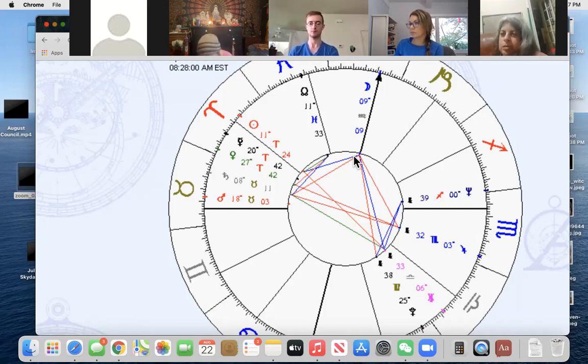And we are interested in gleaning messages and wisdom about both the planetary placements that she does have, as well as the houses where she doesn't have any planetary placements. And we're open to whatever messages are appropriate and important for this time and this place. We call upon all the benevolent ancestors, guardians, and guides who walk through this life with Lisette, and we ask you to be here now and guide this reading.